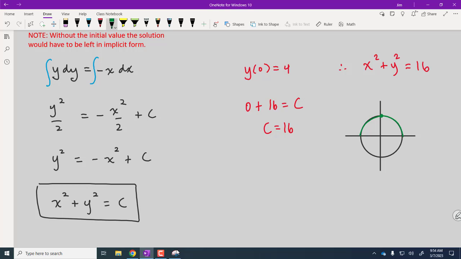And because this implicit function is coming from a relation that we can break apart, we can find the explicit form of that implicit function. So let's see. That is going to be the top half of this circle. So here is going to be the explicit solution.